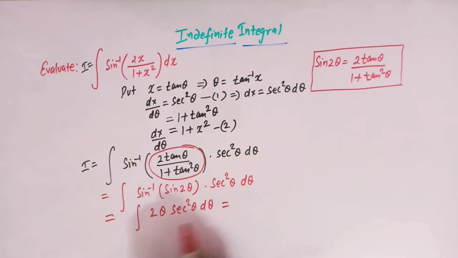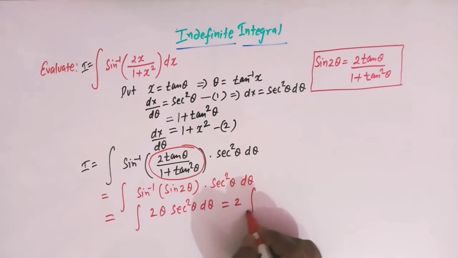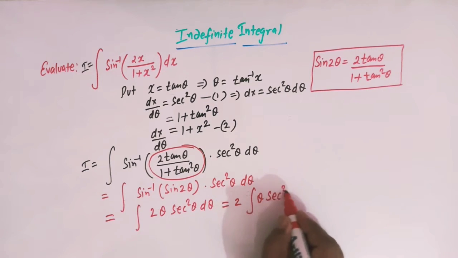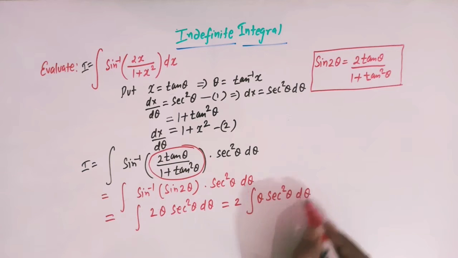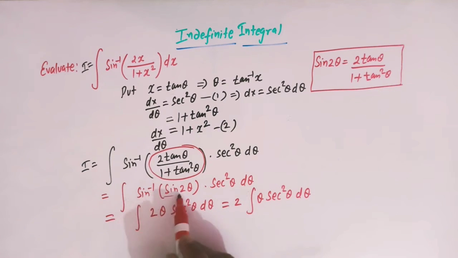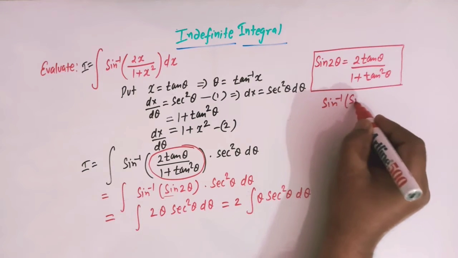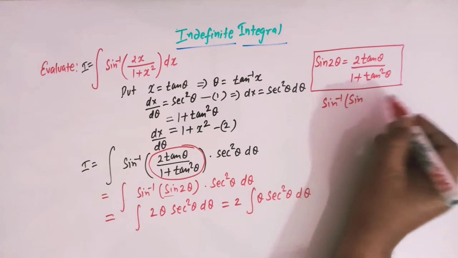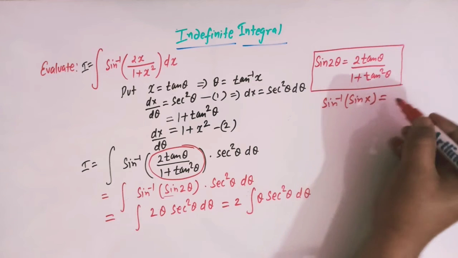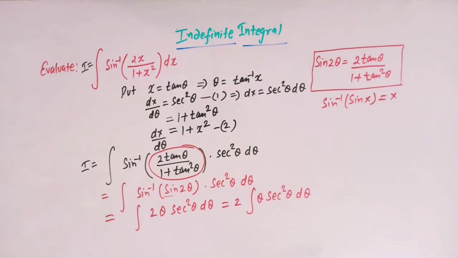And 2 being a constant, we can take 2 outside, and we have the integral of theta sec square theta d theta. Here we have used sine inverse of sine x is equal to x. So now our problem is to evaluate this integral.